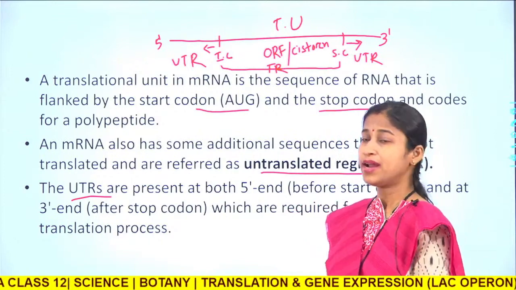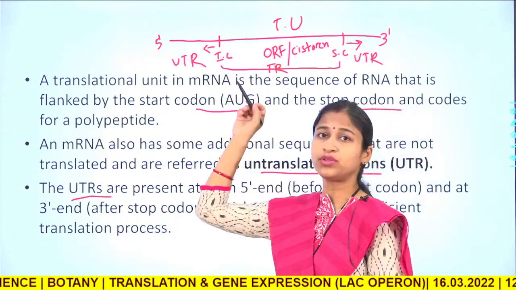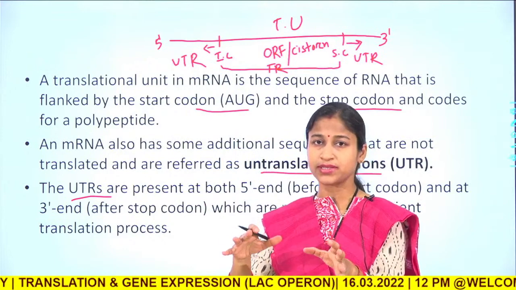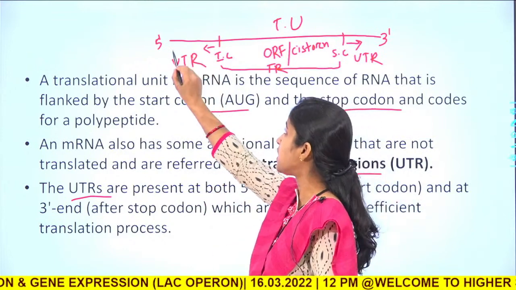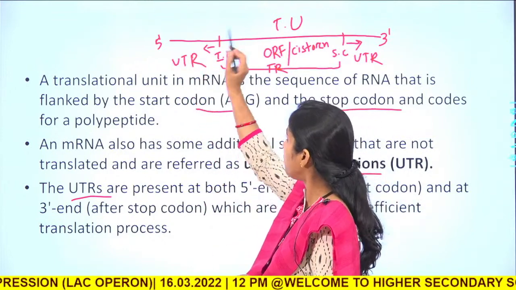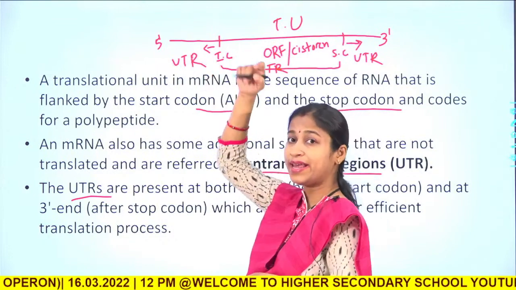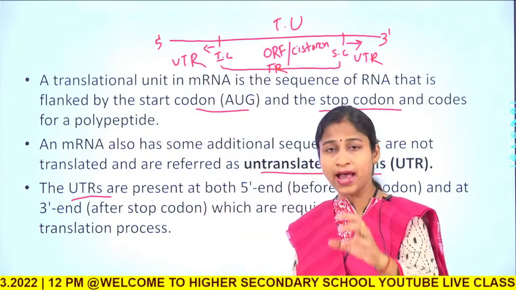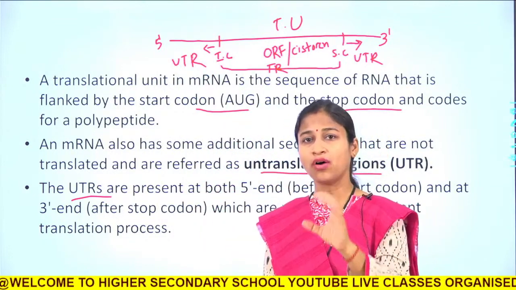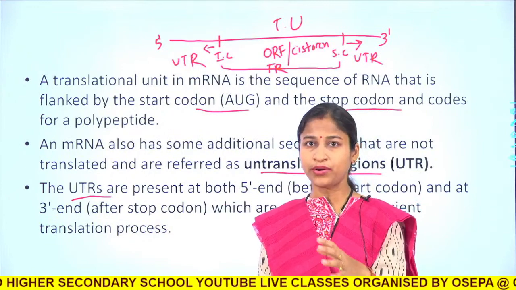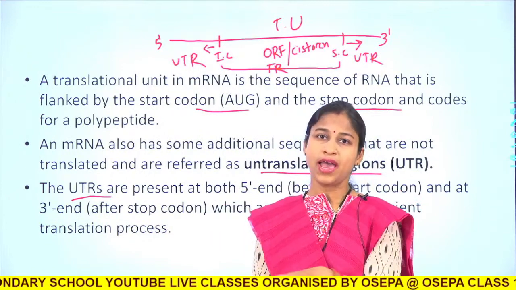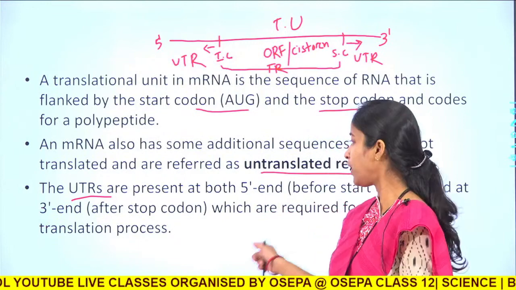What does it mean? Now, as I told you, the Shine-Dalgarno sequence, which is present in this untranslated region before the initiation codon in case of prokaryotes, helps in binding of the smaller ribosomal subunit to the mRNA strand. Okay.